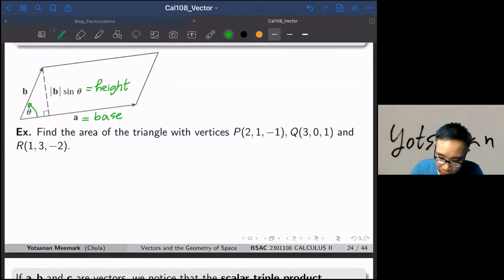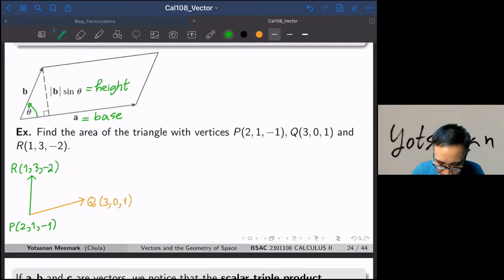So P is 2, 1, negative 1, and you have Q given by 3, 0, 1, and you have your R given by 1, 3, negative 2.